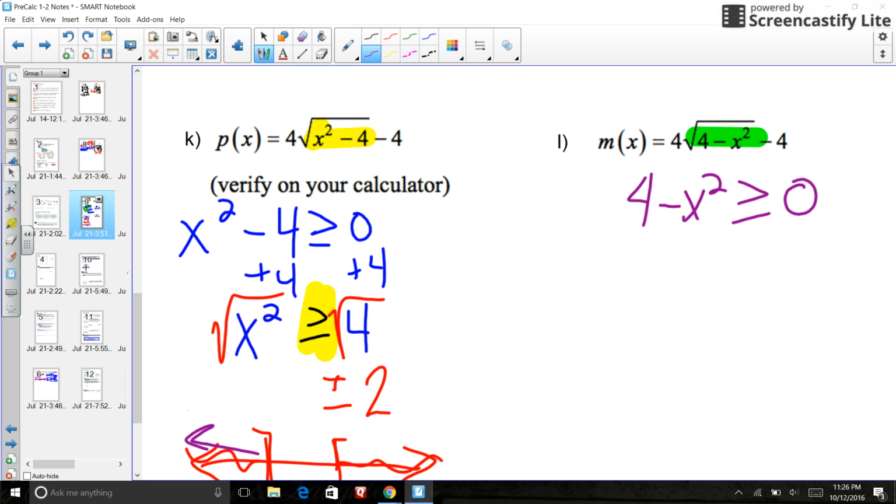Now, a couple of different ways I could do this. If you were thinking to yourself, I'm just going to go 4 is greater than or equal to x squared. Are you okay with that? I just added x squared to both sides. So I'm going to square root, but I get plus or minus 2 again over here.